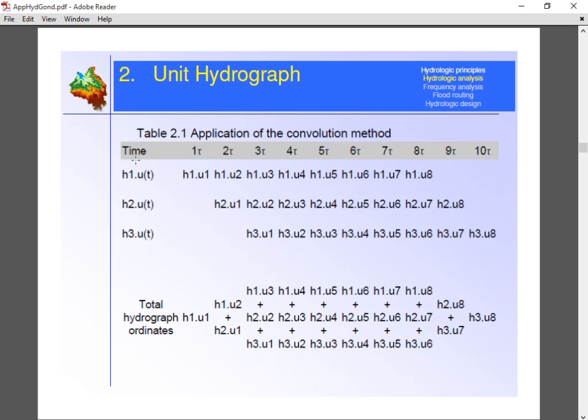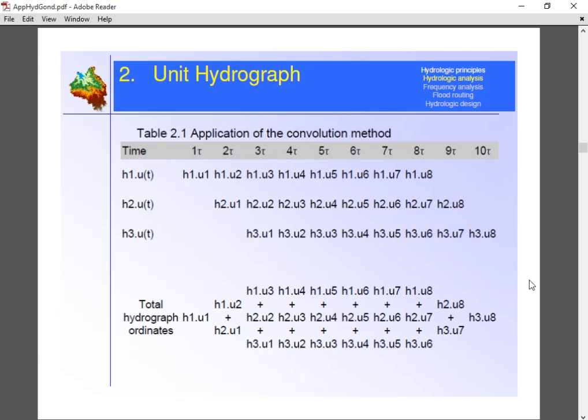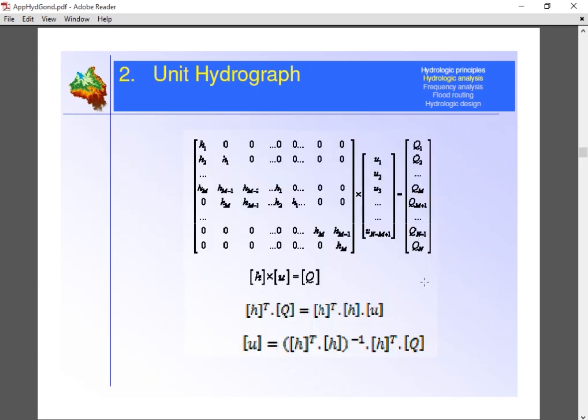In this case, we have only records of two precipitation values. After that, we can generate the remaining values. So let us see within this example. Before that, you should know about matrices. For instance, how to multiply matrices.